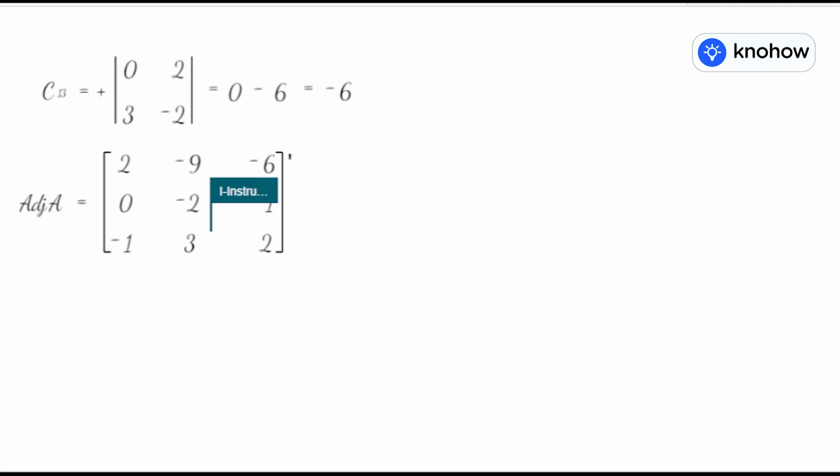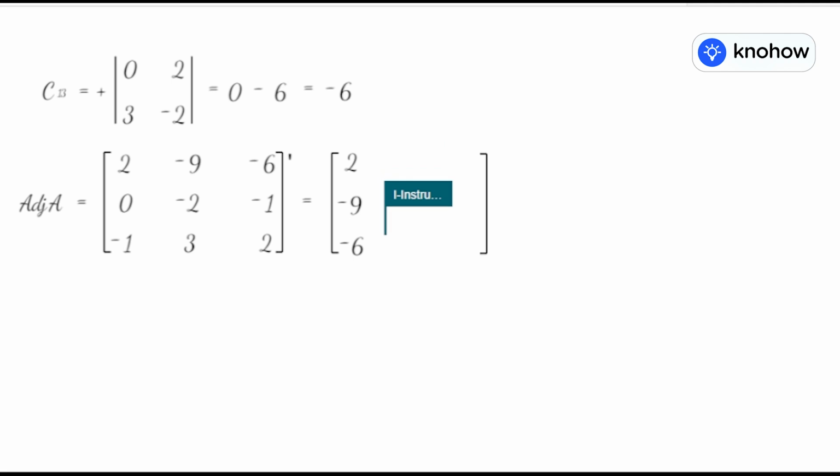But remember, when you write the adjoint A here, don't forget to take the transpose of it. When you take the transpose, the elements of the first row, that is 2, minus 9, minus 6, will go to the first column. Elements of the second row, that is 0, minus 2, minus 1, you write in the second column, and that of the third row, minus 1, 3, 2, you write in the third column.